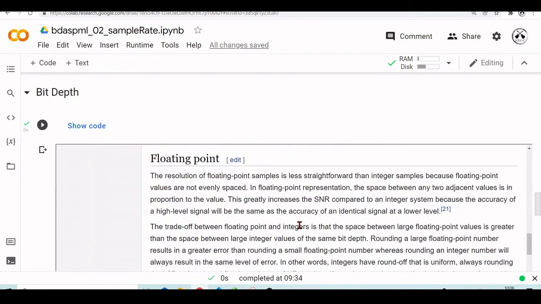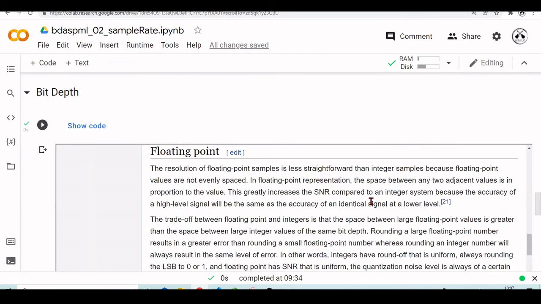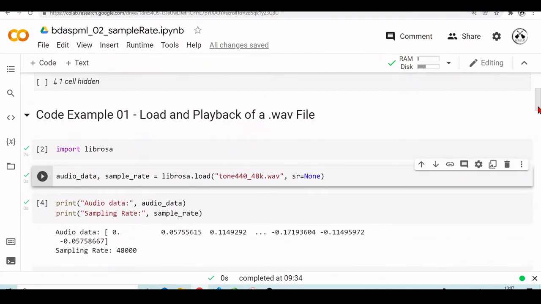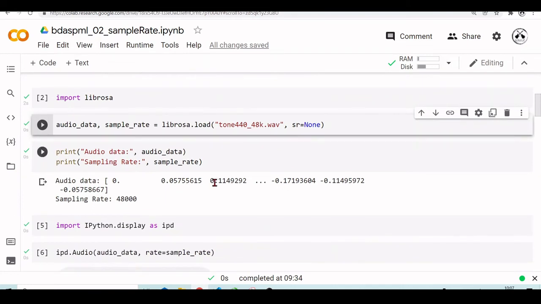Floating point is when we have decimal points. The resolution of floating point samples is less straightforward than integer, because floating point values are not evenly spaced. In this part of the theory, when we looked at our code example, we saw the sample rate and the range where these values come from.